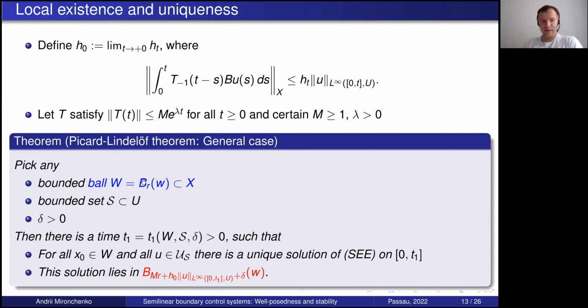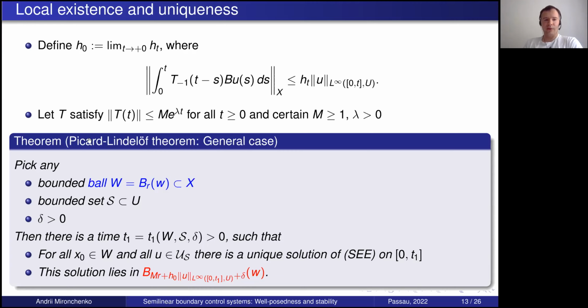But note that although we start in a ball of radius r around some point, we will live in a ball with a considerably larger radius, right? So here we multiply our original radius by m, also add this term and also this delta. And actually, it is not possible to improve this result.